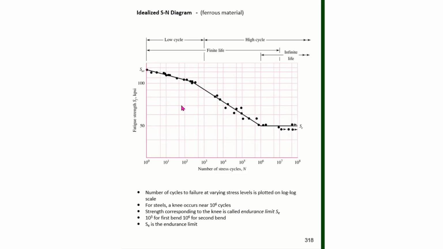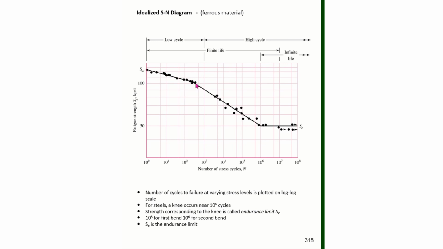Then, as the number of cycles increases, you can see that the fatigue strength continues to drop. Now, the black dots here represent experimental data. And we can see that there's a pretty good linear relationship up to just under 10 to the 3rd cycles, and that there's a constant line, a constant slope.